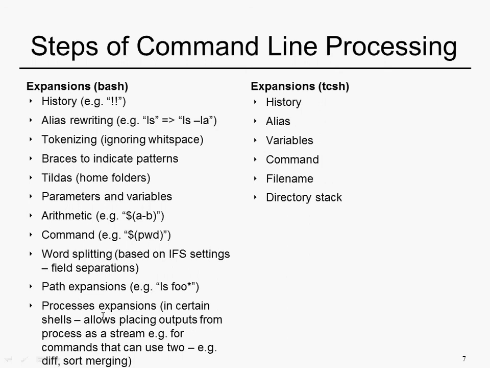So it does path expansions, and then there's some sophisticated features associated with something called process expansions. For example, allowing me to take the output of one process. So suppose you have a command, for example, diff, that takes 2 files. You might have one set of things which run one command, one set of things which run another command, and it takes the outputs from these commands as the inputs to diff, in other words, compares them.